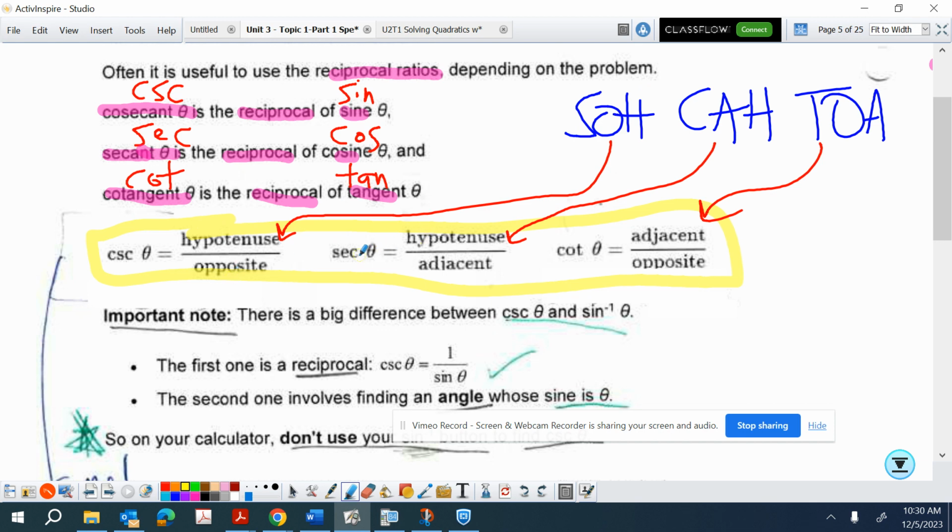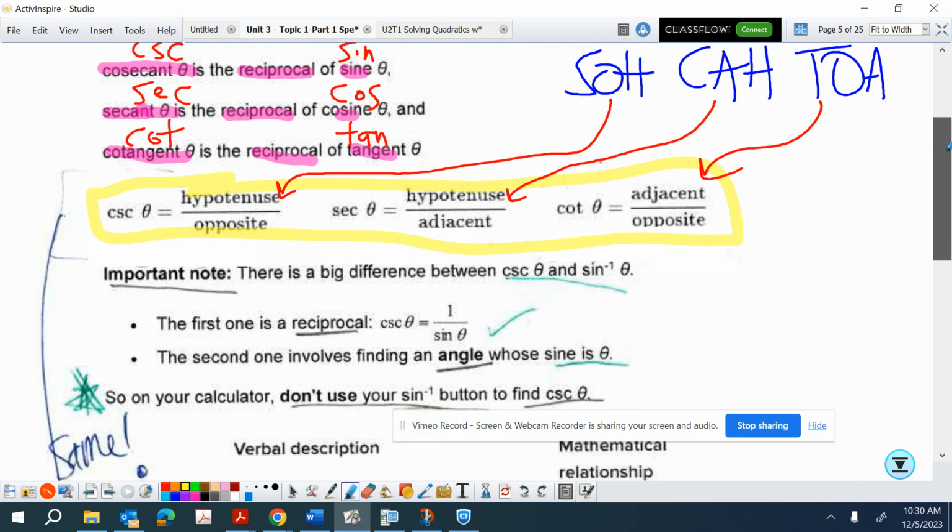Same thing with secant. Secant is the reciprocal of cosine. Cosine is adjacent over hypotenuse. The reciprocal would be hypotenuse over adjacent. Cotan is adjacent over opposite because it's the reciprocal of tangent, and tangent is opposite over adjacent.